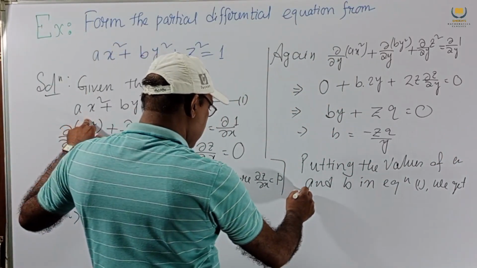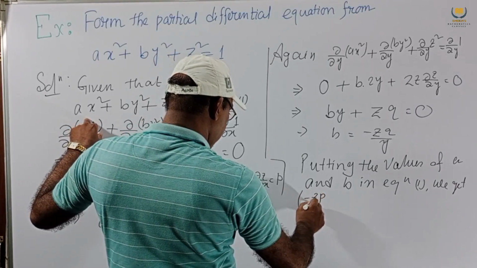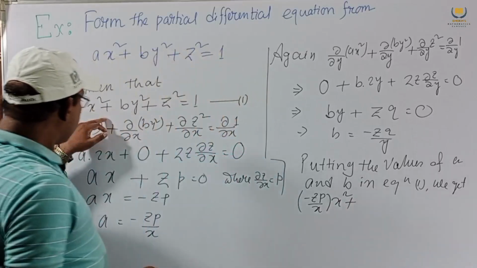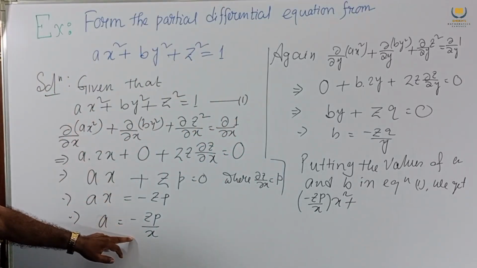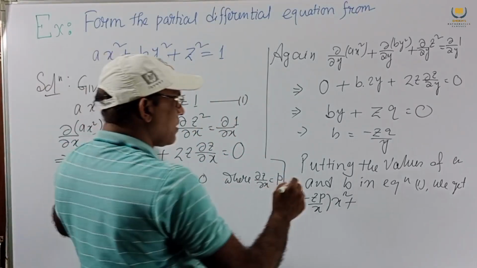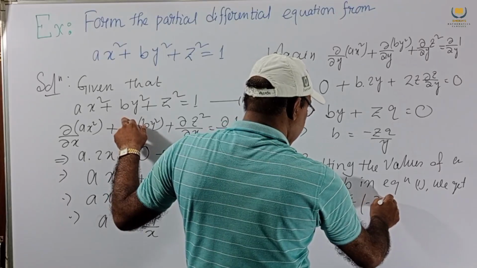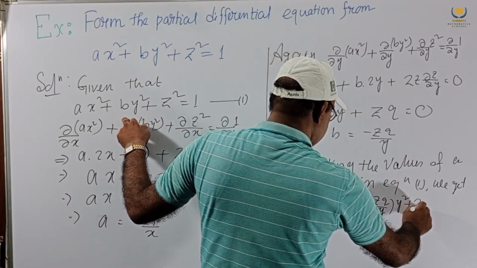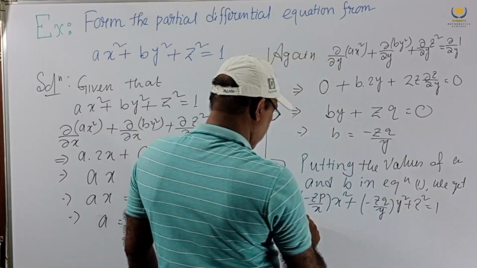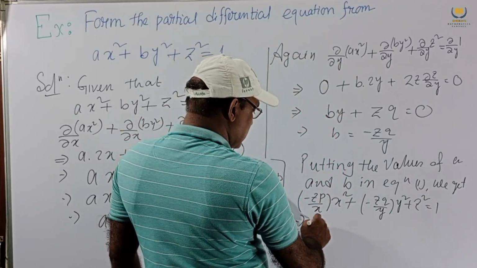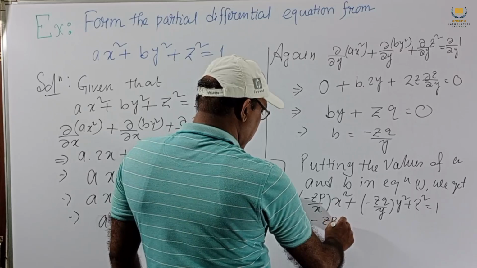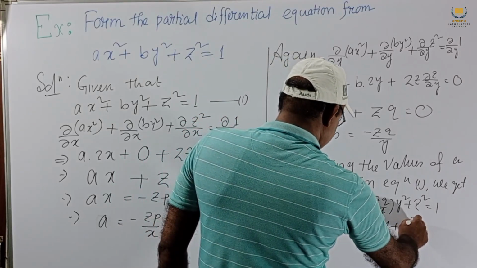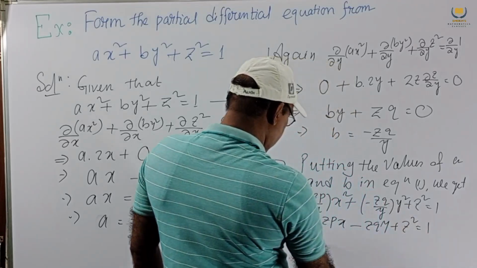if we put the values of a and b in equation number 1, a means minus zp by x, this is x square. Just putting the value of a, and b is minus zq by y into y square plus z square equal to 1. So 1 x is cancelled: minus zpx minus zqy plus z square equal to 1.